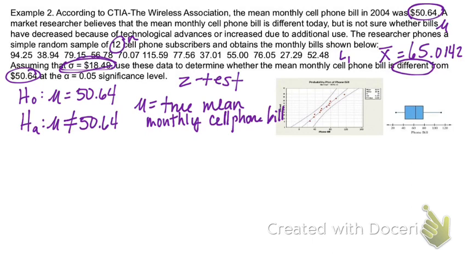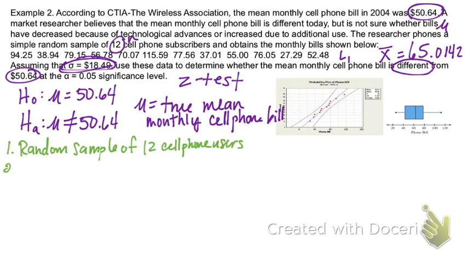Conditions. The first condition is what? Random sample. Random sample of what? 12 cell phone users. Second one. Since it's not greater than 30, I have to comment on the graphs. And what am I looking for in the normal probability plot?